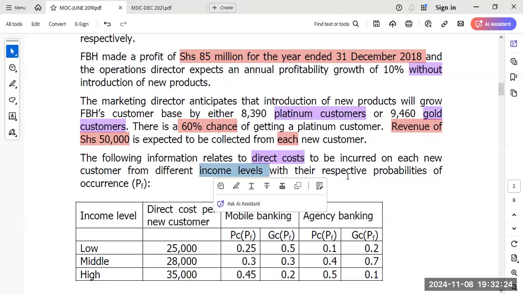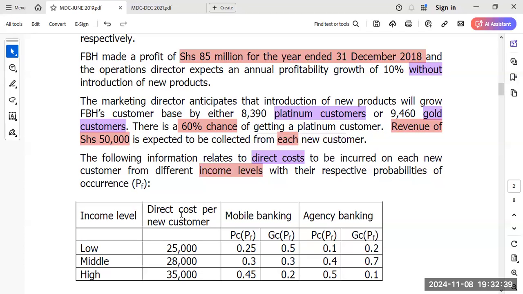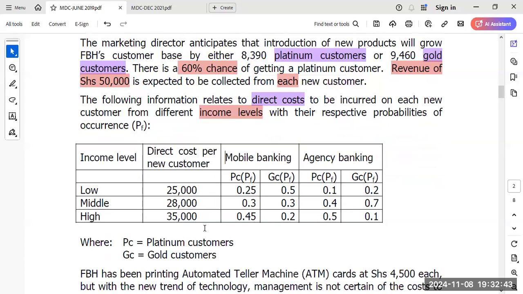We have 3 different income levels with their respective probabilities. It means that now these income levels also have their probabilities. Each level has a corresponding probability, and it is given below. The income level you're talking about here is for customers.